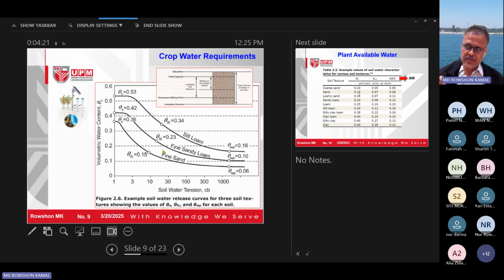You can develop this graph using two sensors. One is soil moisture, which is volumetric. Another is the tensiometer. Once you have these two, you can develop this. You can see here theta FC and theta WP. Between this line and this line, this water is available for the crop.